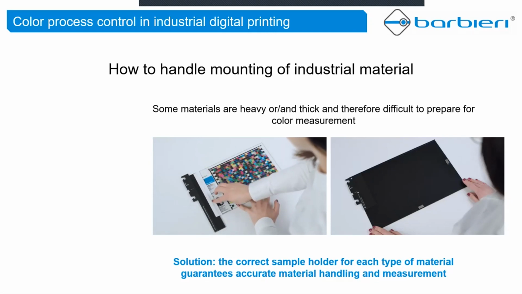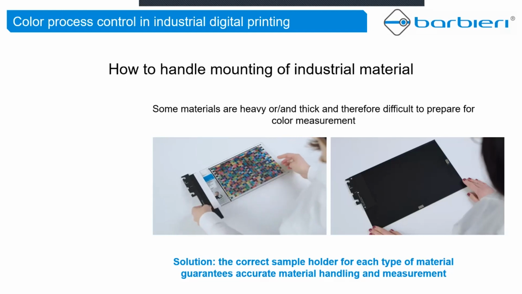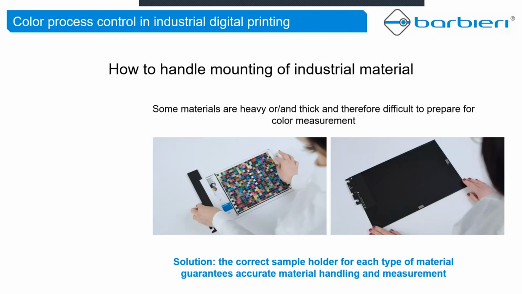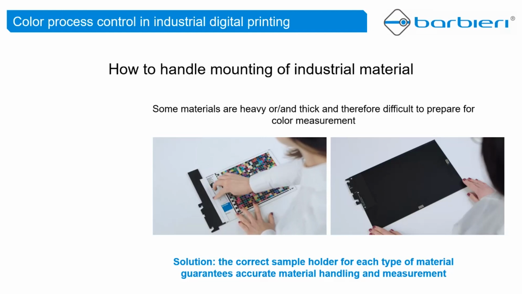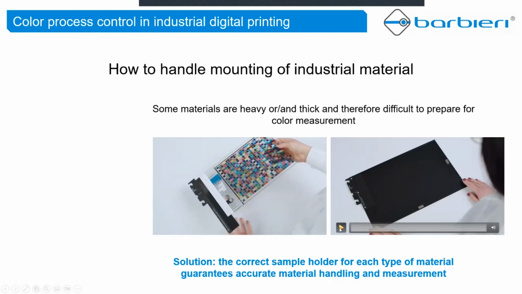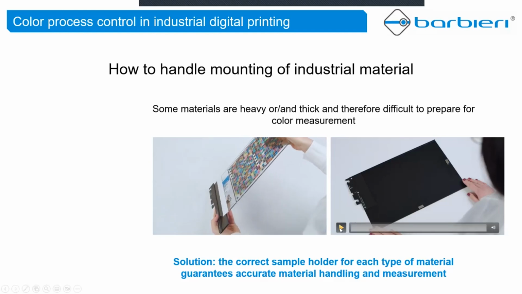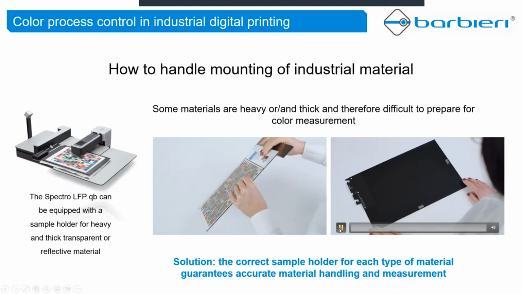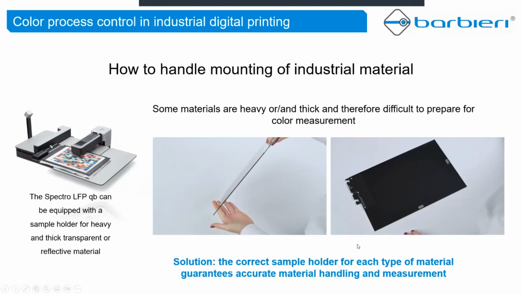You see here a sheet of glass which is taped to a special sample holder, which then can be mounted to the Barbieri measurement device. There's also a sample holder for thick reflective material. You see here the video on the right side.